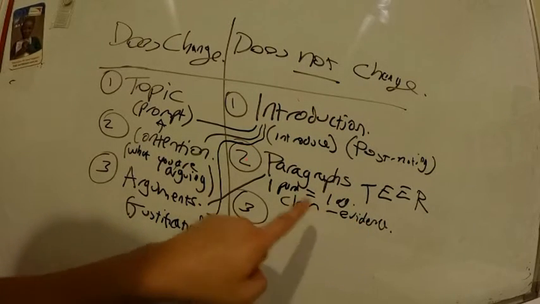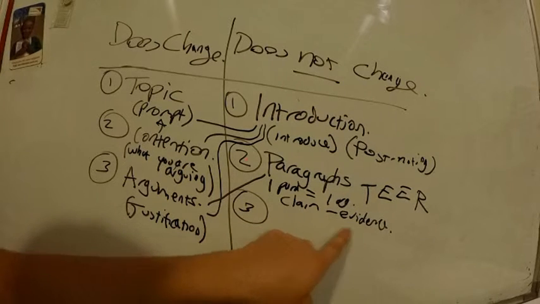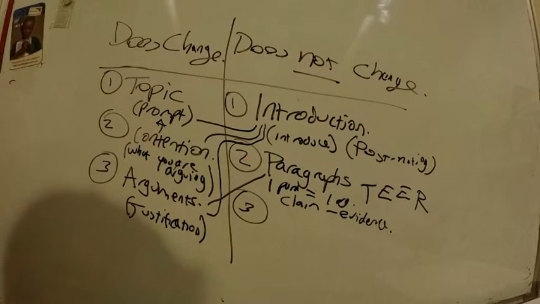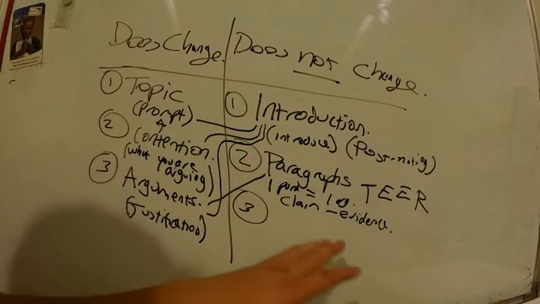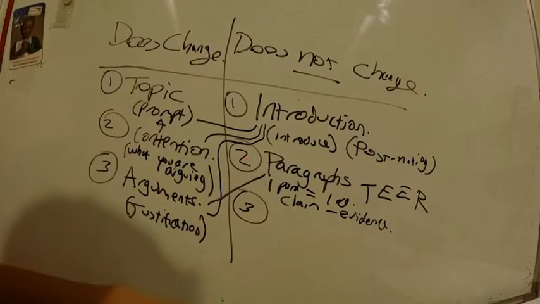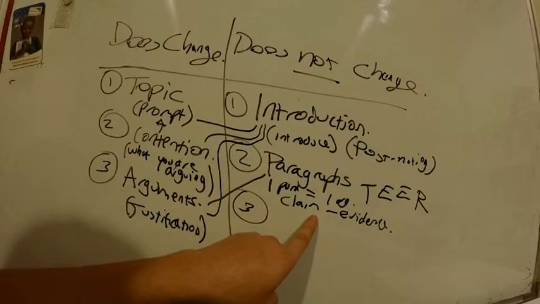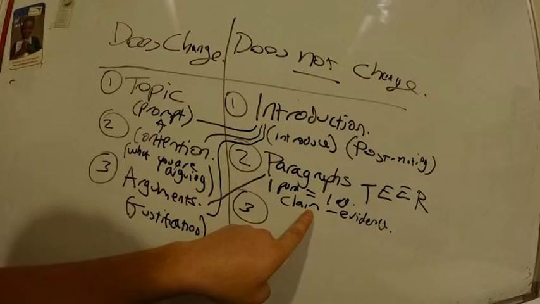We have claims and we have evidence, okay? Claims can be anything like the sky is blue, this whiteboard is white, I'm talking to a camera. But unless you have evidence to back it up, it means nothing, right? So when we translate this to school essays, what this sounds like is you can say something like, we should ban zoos, okay?